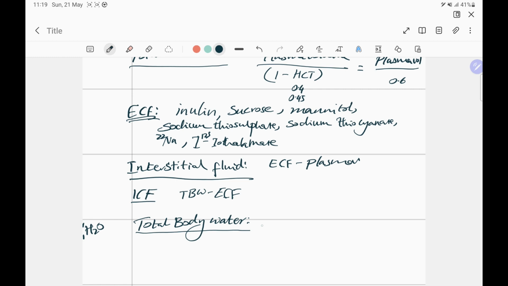What if we used heavy water instead? D2O or T2O. So tritium oxide, this is the heavy water that they use even in nuclear power plants and all of that, where the hydrogen has an atomic mass of 2. So that's technically water but not water. So it can easily equally distribute to all of the other compartments in the body. And also the other thing is antipyrine.